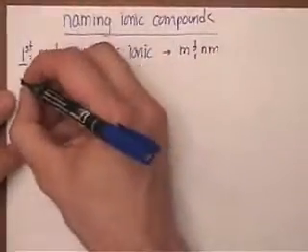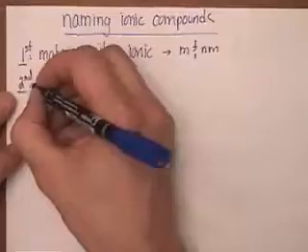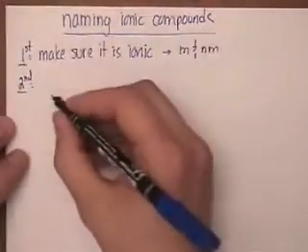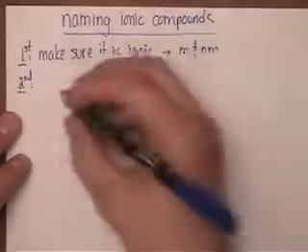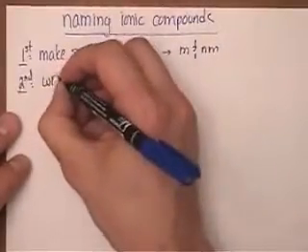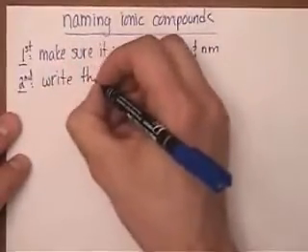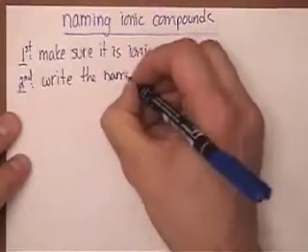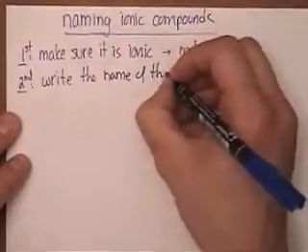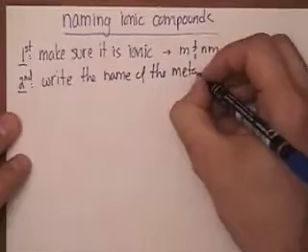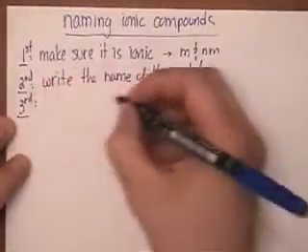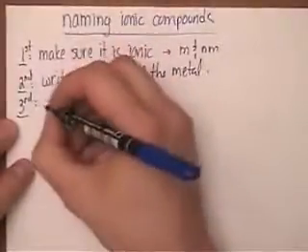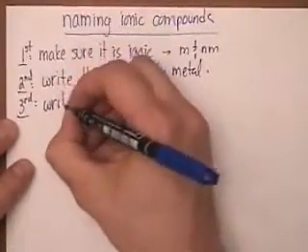Now, the second step, and that's going to be our first step for the actual name, is to write the name of the metal. And our third step is to write the name of the nonmetal.